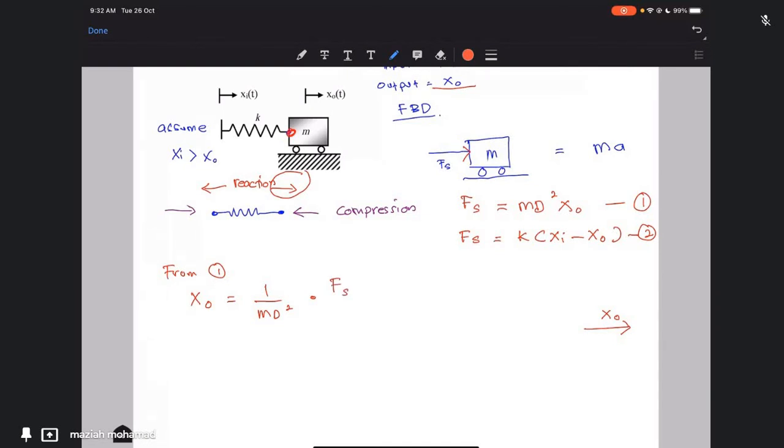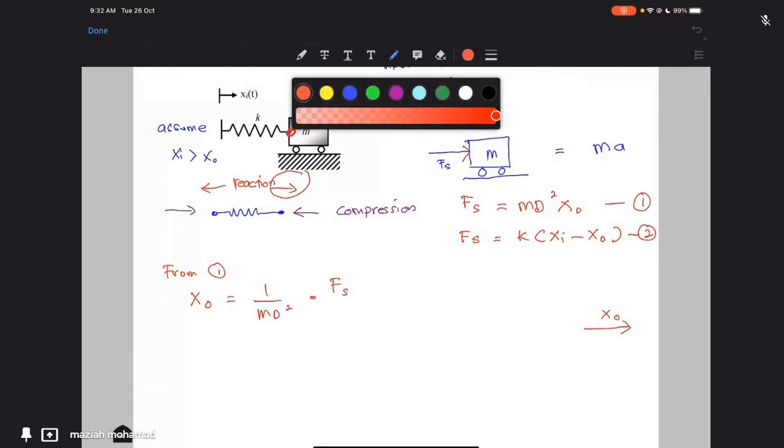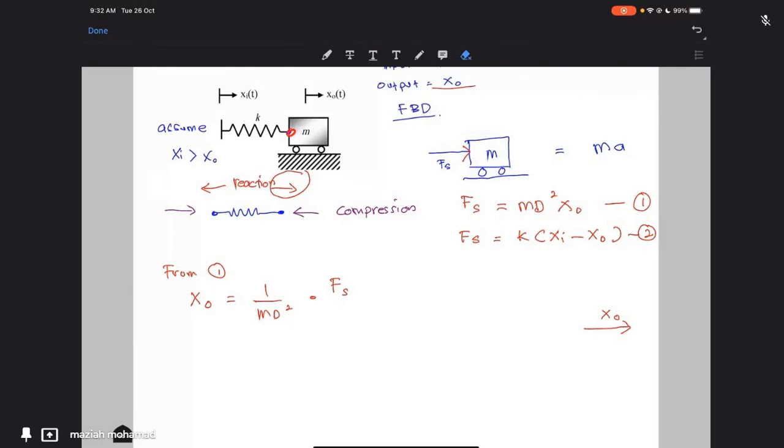If you notice here, S naught is a variable. In this case it is the output variable, because it is on the left side.